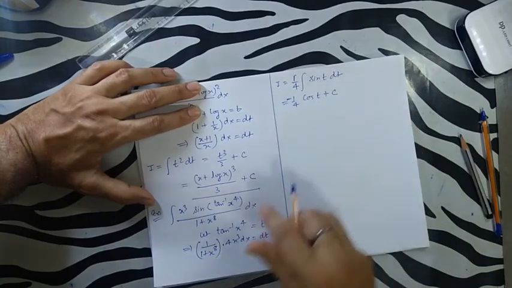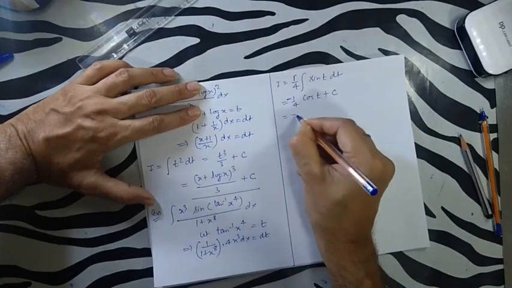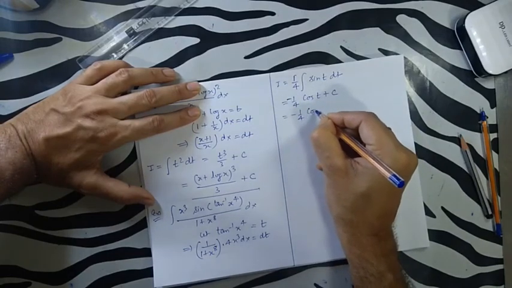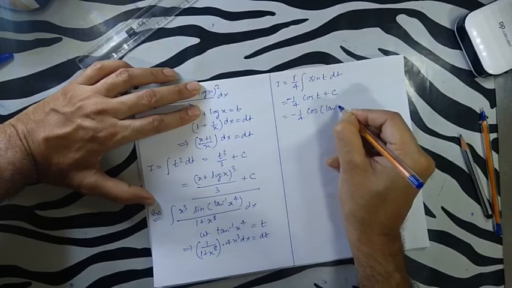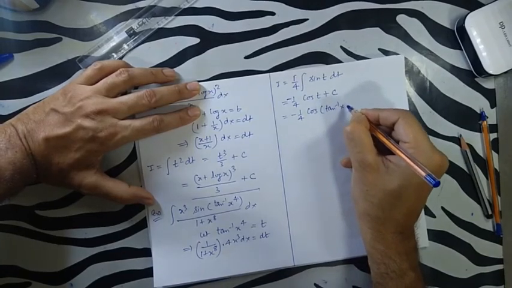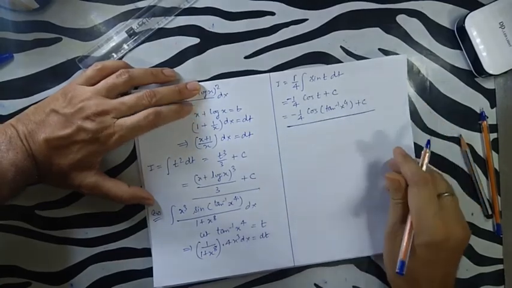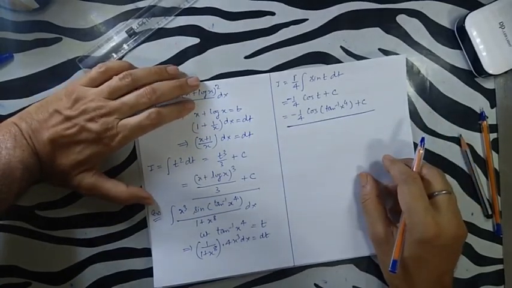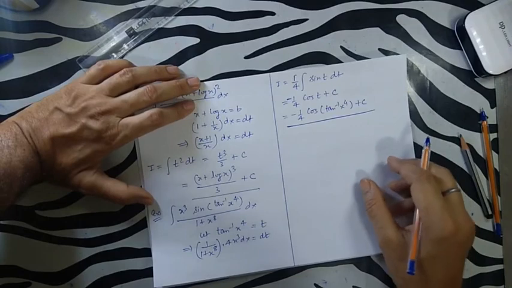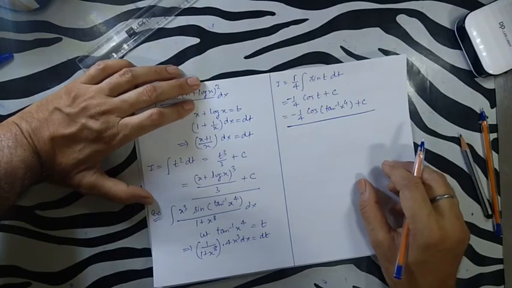Now by substituting the value of t, we'll get minus 1 by 4 cos tan inverse x raised to power 4 plus c. So these are some examples. Try some problems given in NCERT, and then you can also try some questions from CBSE sample question paper and CBSE question papers.